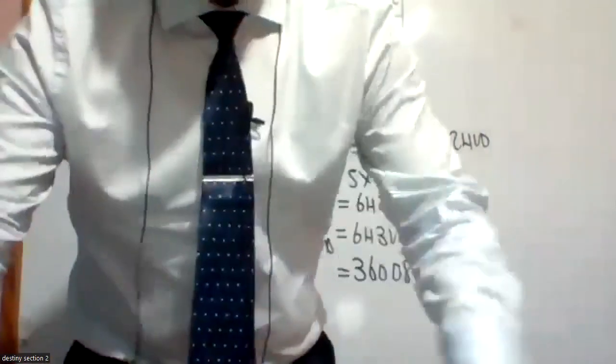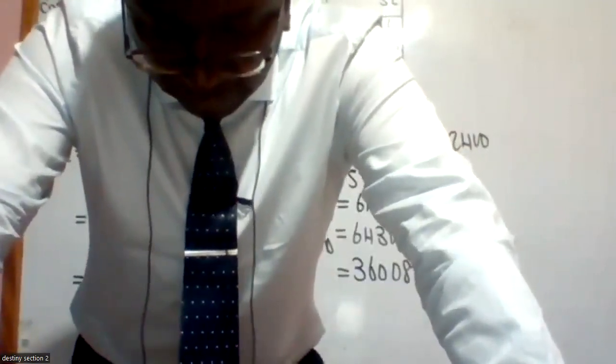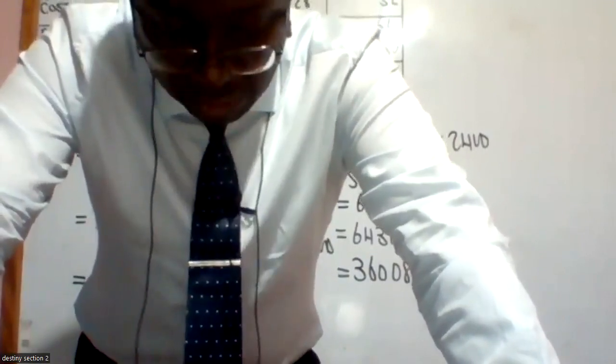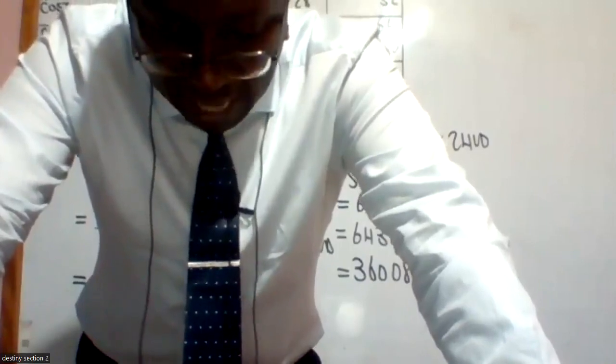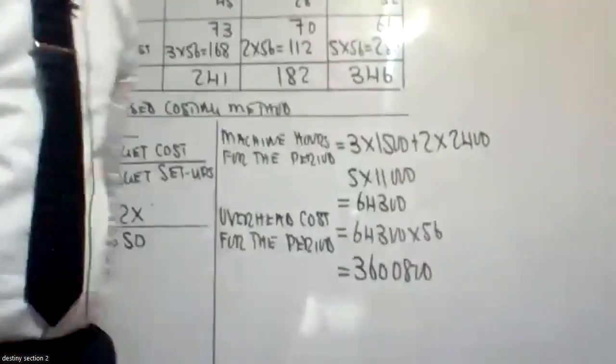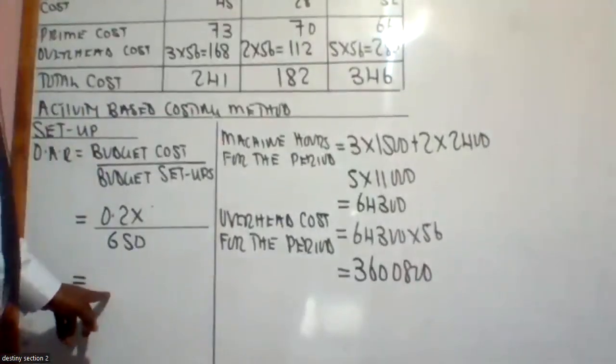I had not read well. Look at that 720, I skipped something. It says total overheads amounting to 720,000 were charged for the last quarter of the year. So this 720 is for the quarter.